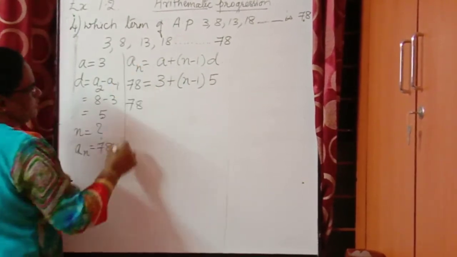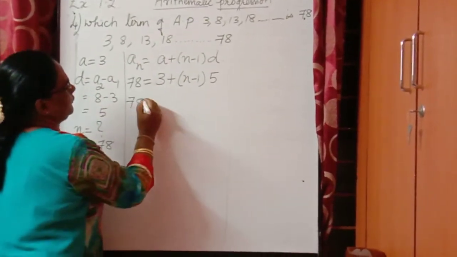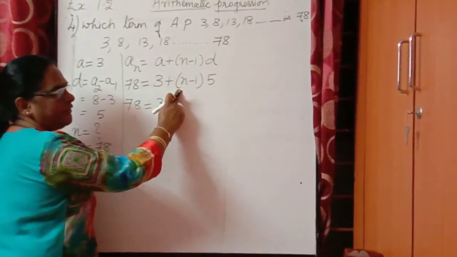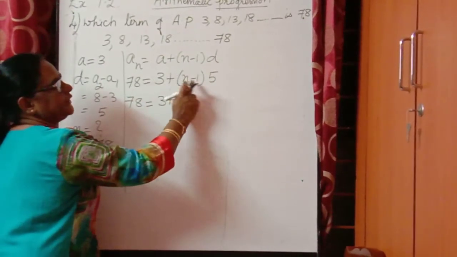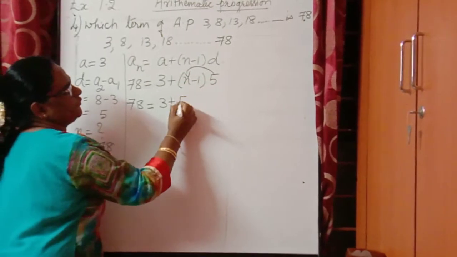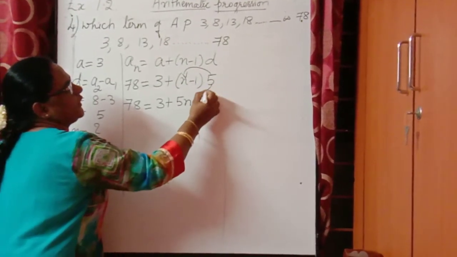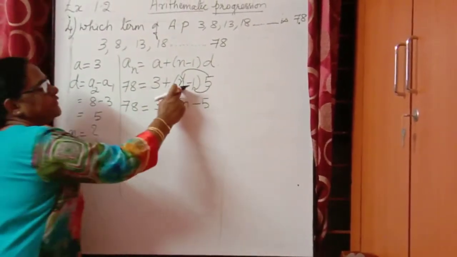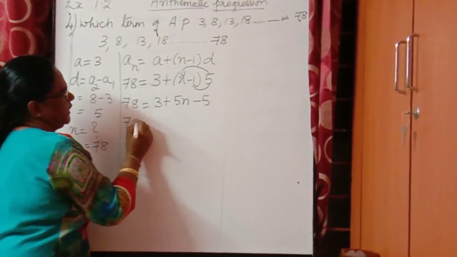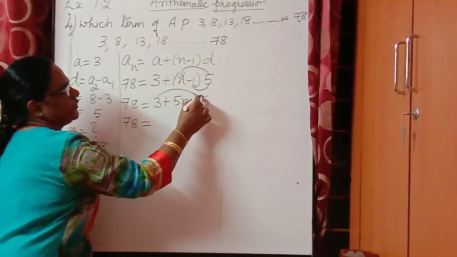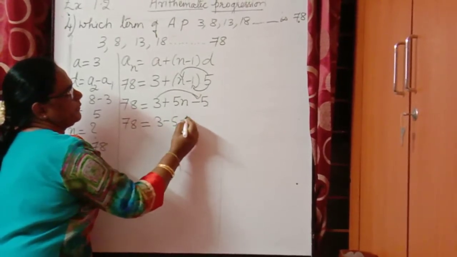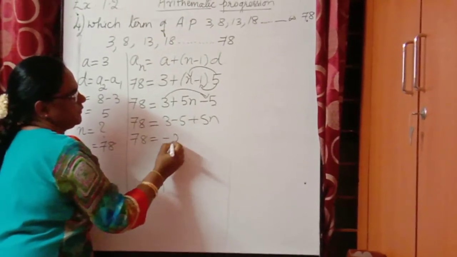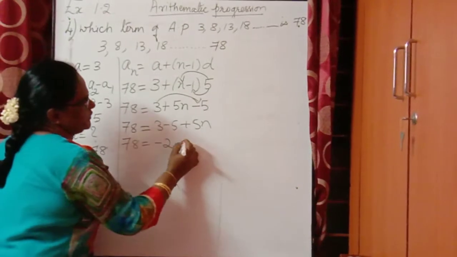So 78 equals 3 plus 5 times (n minus 1). These are the values, don't get confused. Now the value of n we don't know, so multiply both the terms n and 1 by 5: 5 into n is 5n, minus 5 ones are 5. 78 is equal to, now I will group these two numbers together, 3 minus 5 plus 5n. 3 minus 5 is minus 2, so 78 is equal to minus 2 plus 5n.